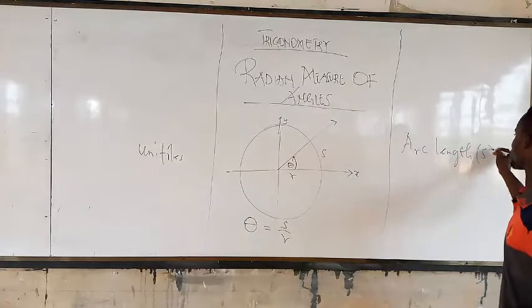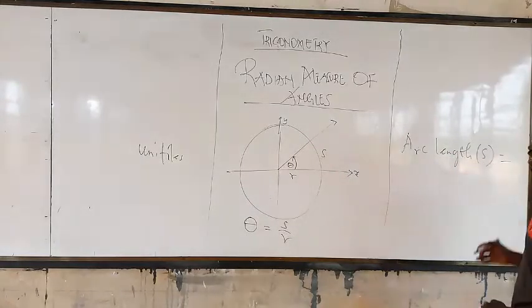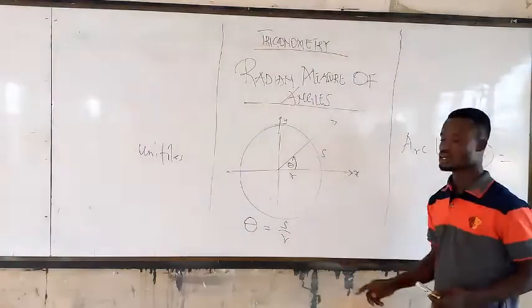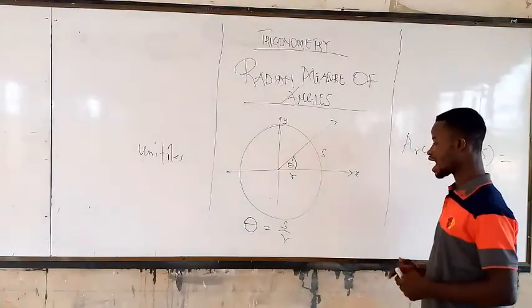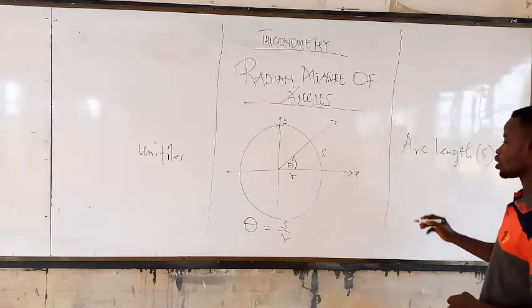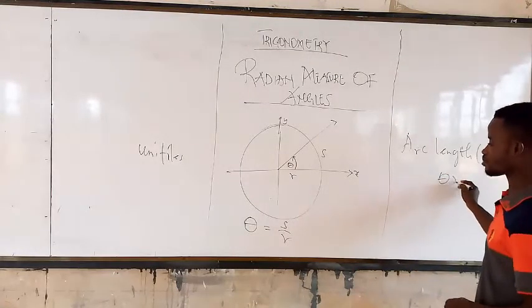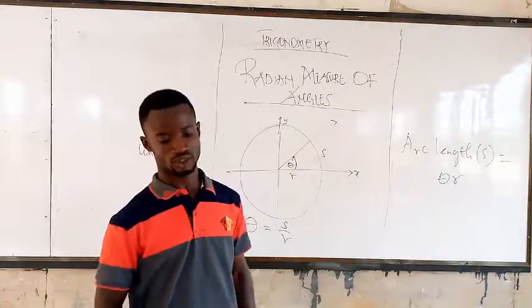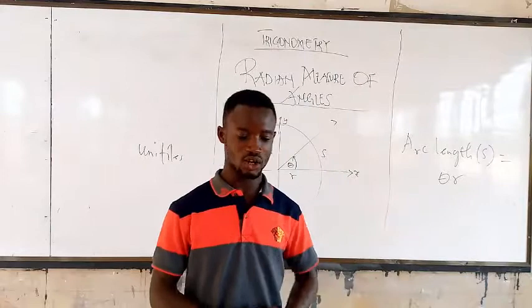This s represents arc length. And if the angle is equal to s over r, then the arc length will also be equal to theta times the radius. Make sure you take note of these concepts for me.